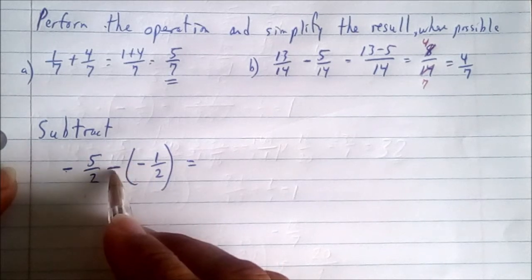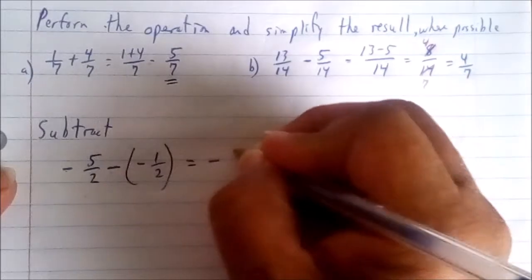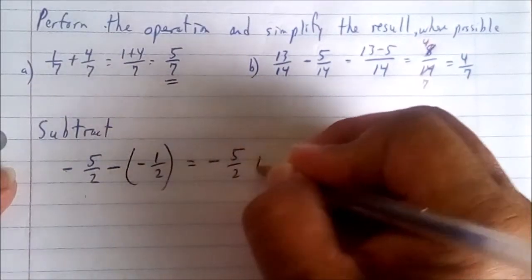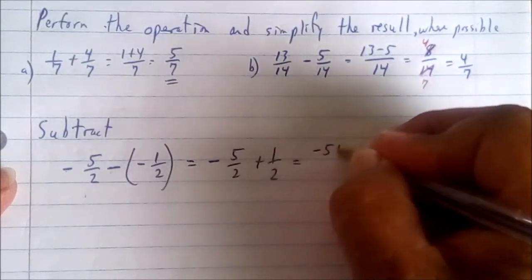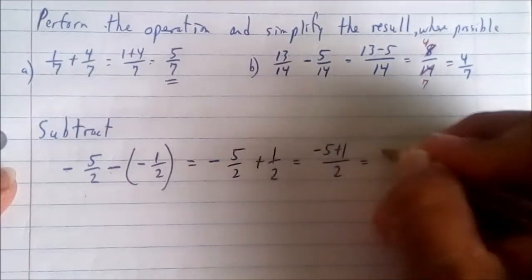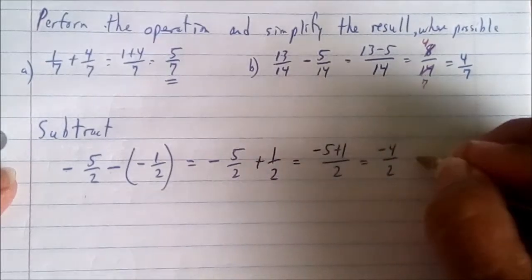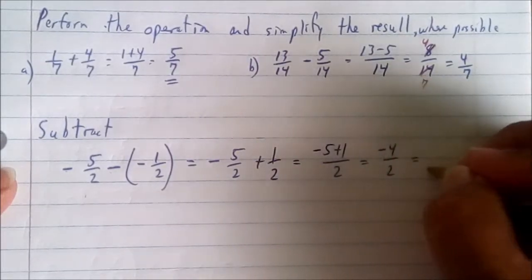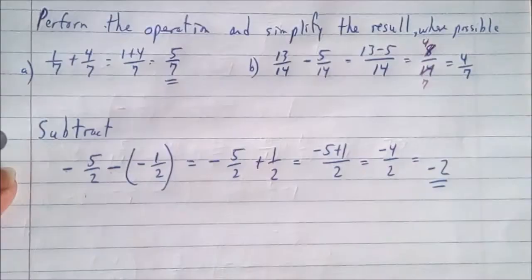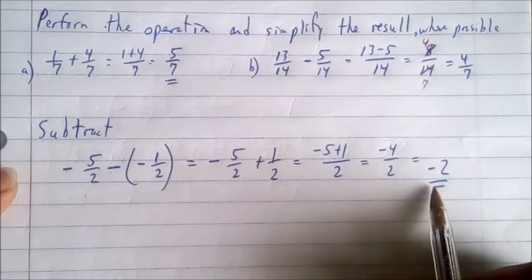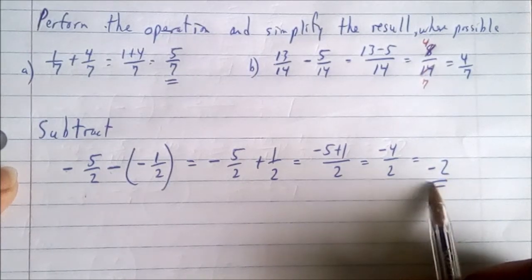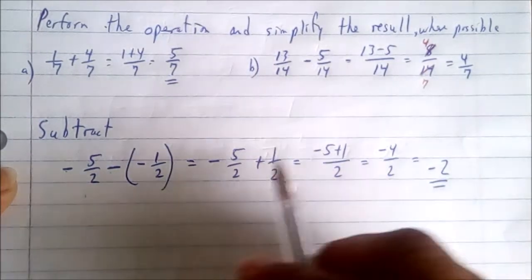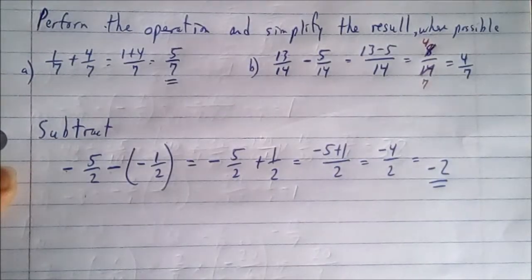So therefore you go to the next step and you put negative 5 over 2 plus a half, which is then equal to negative 5 plus 1 over 2, which is then negative 4 over 2, which is then negative 4 divided by 2, negative 2, and that's your solution. Not every time you will get a whole number like this, I mean an integer, but sometimes you will end with a fraction still with that 2 at the bottom, right? And that should be understood, that that's the way you work it out.